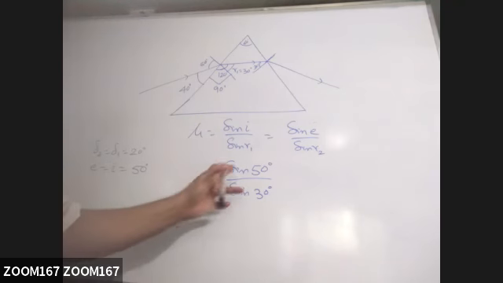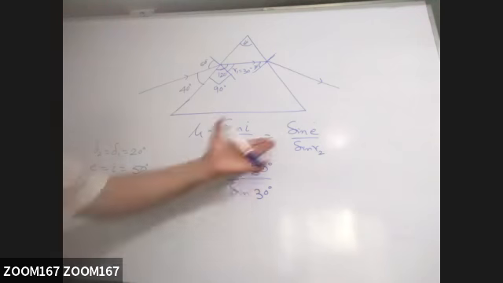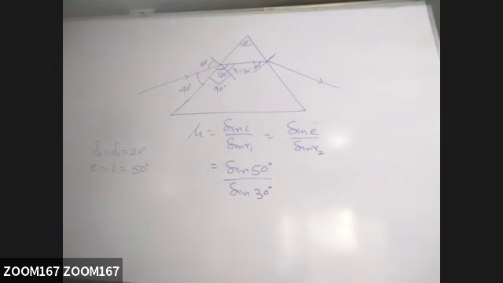We can't cancel. We have to substitute the value of sin 50 from the table. You will see whatever value is coming, maybe 0.8 something. And sin 30 we are knowing 0.5, and then we will divide it, whatever value is there, that will be the refractive index.